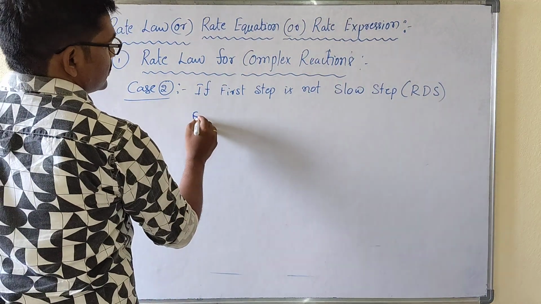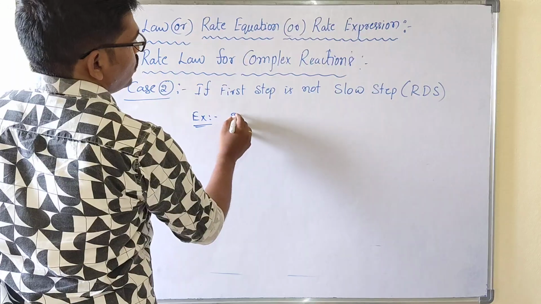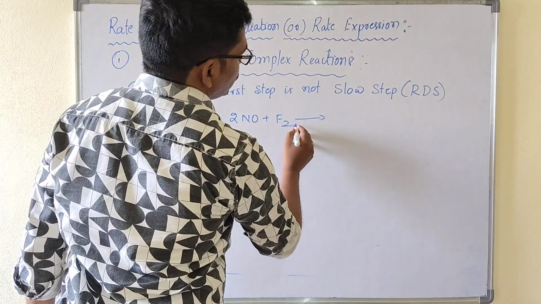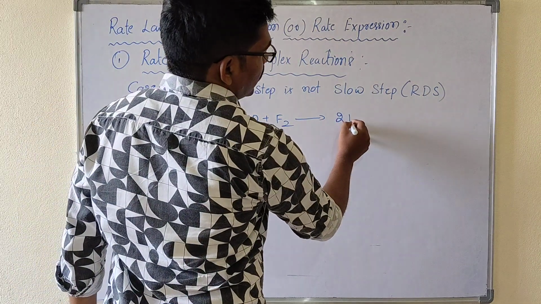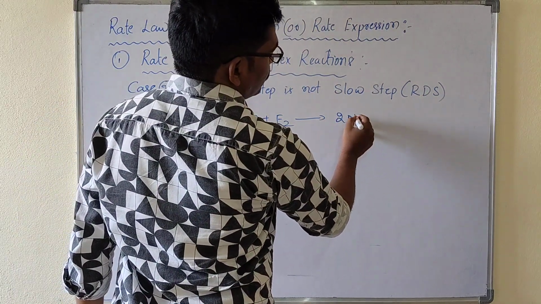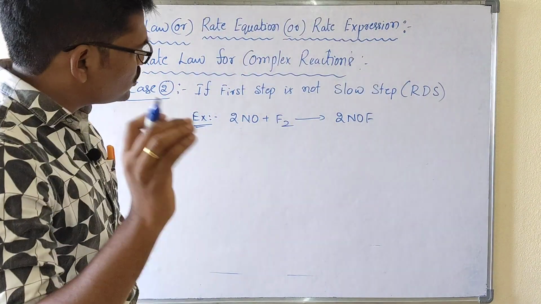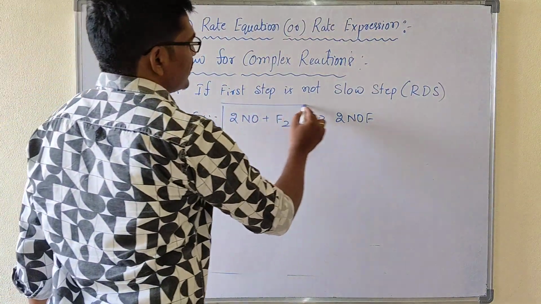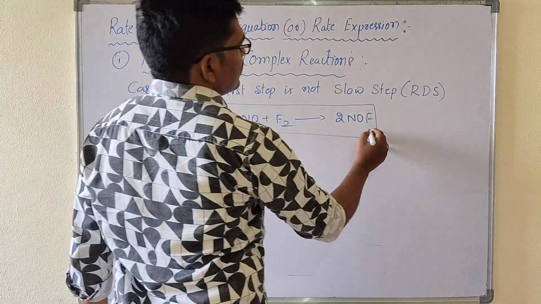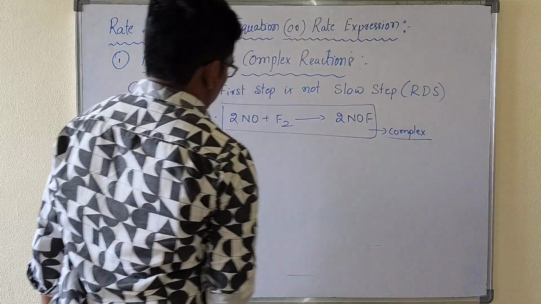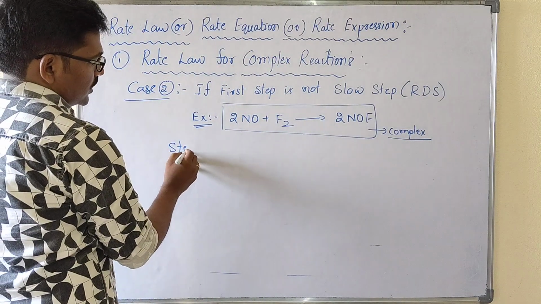So the example is 2NO plus F2 gives rise to 2NOF. This is the reaction. This reaction is also a complex reaction. దీనికి ఎలా రియాక్షన్ జరుగుతుంది అనేది, they are mentioned the mechanism.